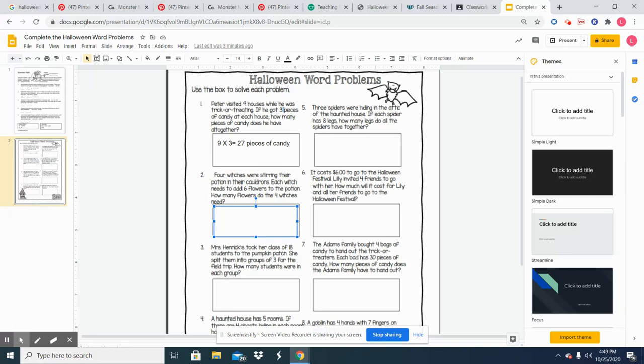So I think there's a little typo there because it already tells you each witch needs to add 6 flowers to the potion. So it's how many flowers do the 4 witches need? No, they already told you that they need to add 6. So you're going to do multiplication, 6 times 4.